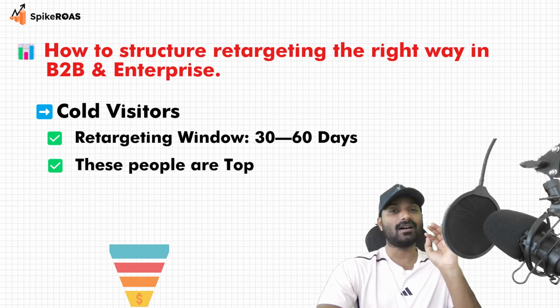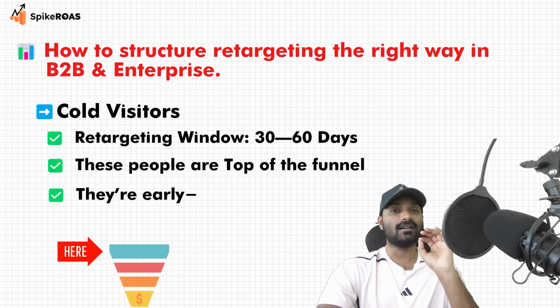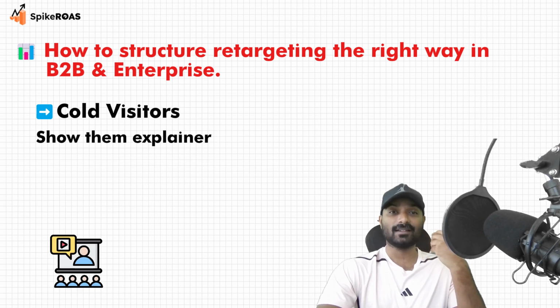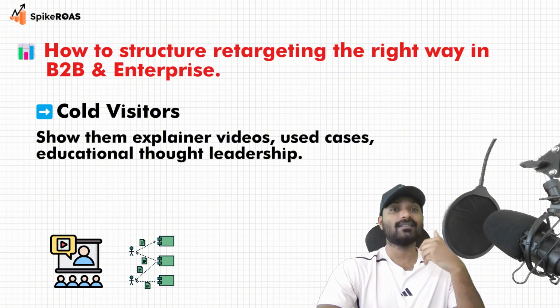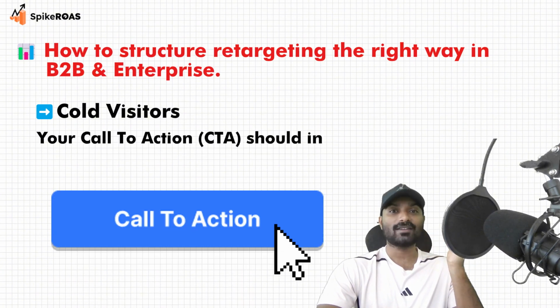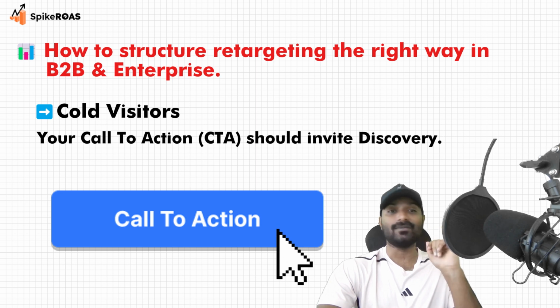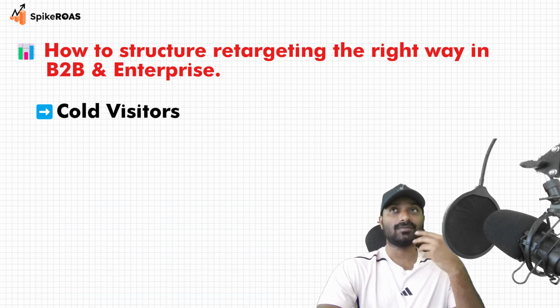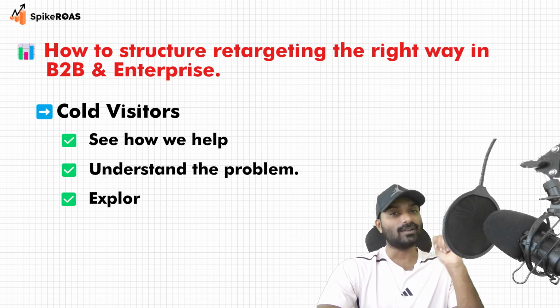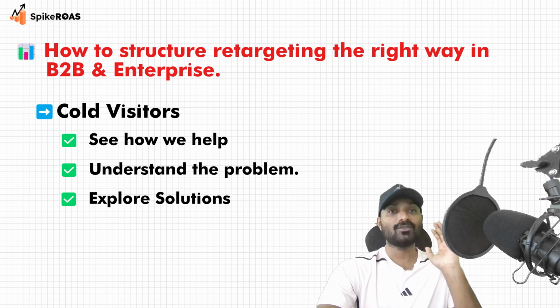These people are top of the funnel. They are early stage and need context. Show them explainer videos, use cases, educational thought leadership. Your call to action should invite discovery. You should use calls to action like see how we help, understand the problem, or explore solutions. This should be your first step of remarketing cold visitors.